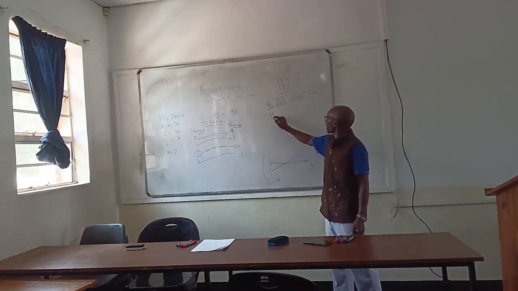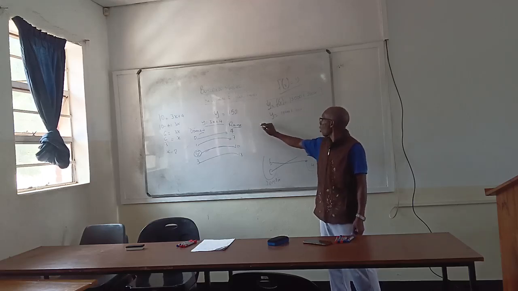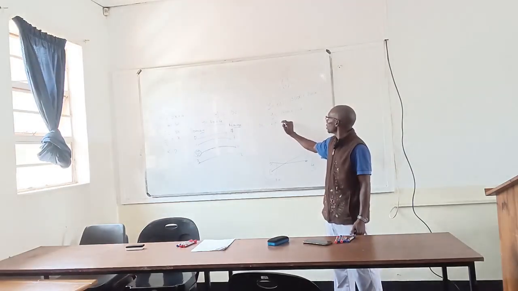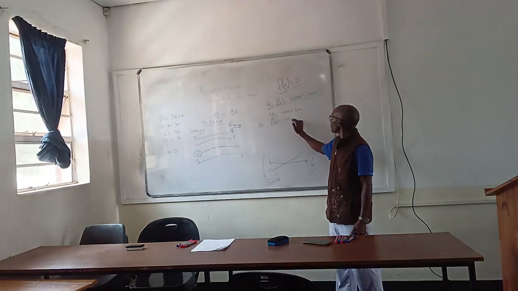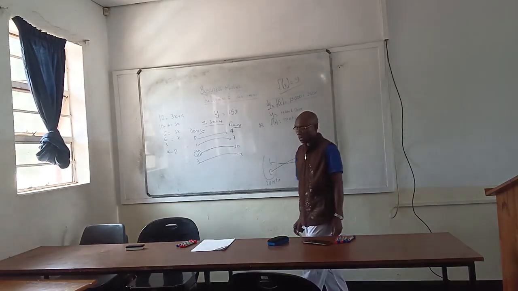you say y can be the same as 15,000 plus 200x, or the meaning is this: f of x is equal to 15,000 plus 200x, like this one. That's the meaning.